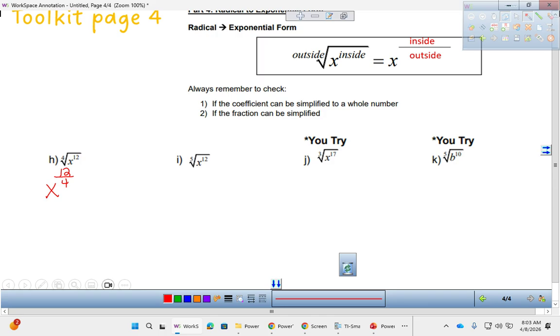The only thing that you can do with variables is to check to see if this simplifies. I'm not going to put the x in the calculator though. I'm just going to put, you probably know what 12 divided by 4 is. So I'm just going to put the 12 divided by 4 into the calculator.